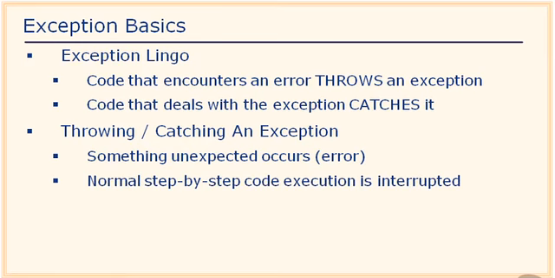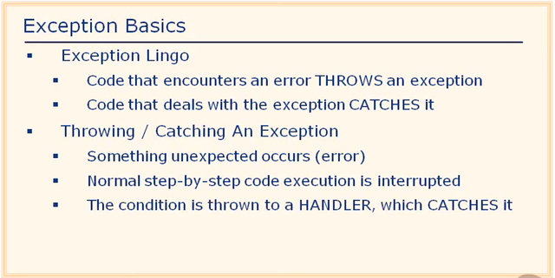Once an exception gets thrown, or bubbles up, or whatever you want to call it, your normal step-by-step code execution gets interrupted. Really what happens is your program freaks out and says, oh no, wait a minute, here's a problem and I don't know what to do with it. And it does something we call bubbling up.